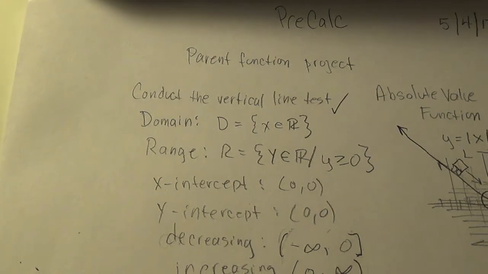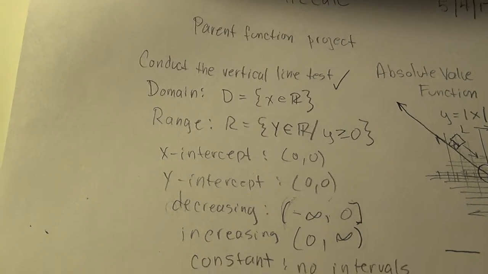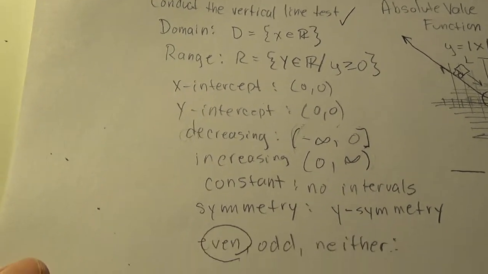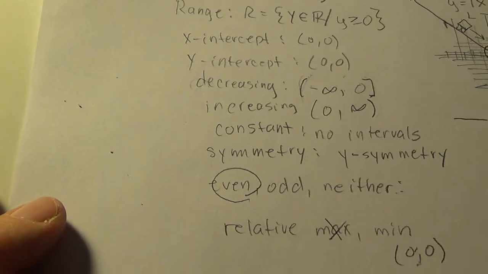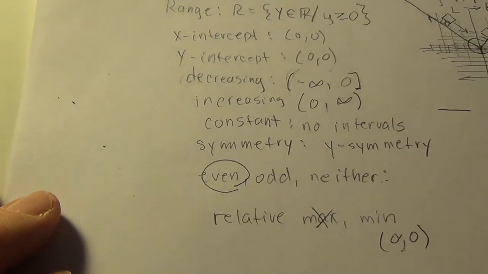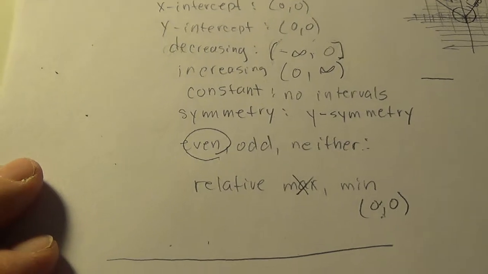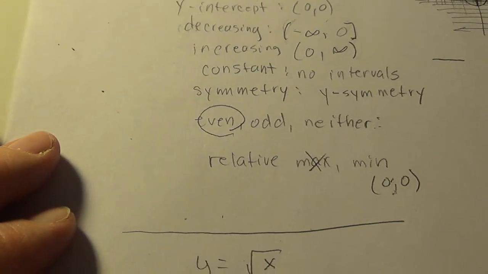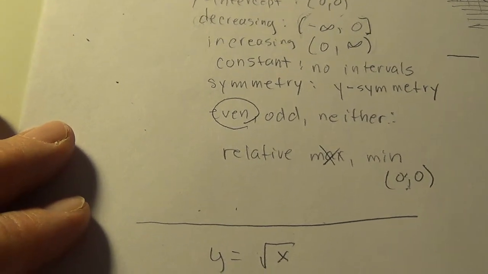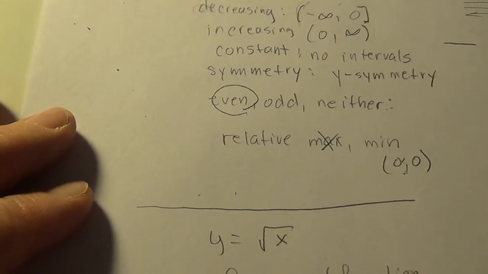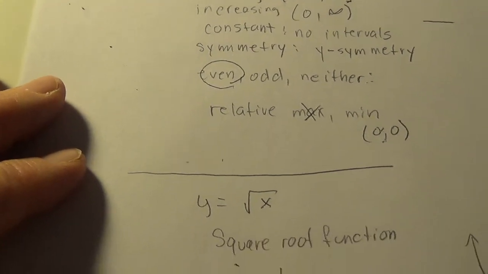I want you to conduct the vertical line test, to find domain and range, x and y intercepts, decreasing and increasing intervals, where it is constant, symmetry, is it even or odd or neither, and find relative min and max values.